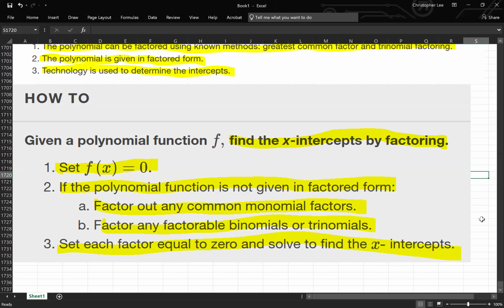Then factor any factorable binomials or trinomials. So now we're talking some factor by grouping if possible, that kind of thing. Step 3, set each factor equal to 0 and solve to find the x-intercepts. That's it.